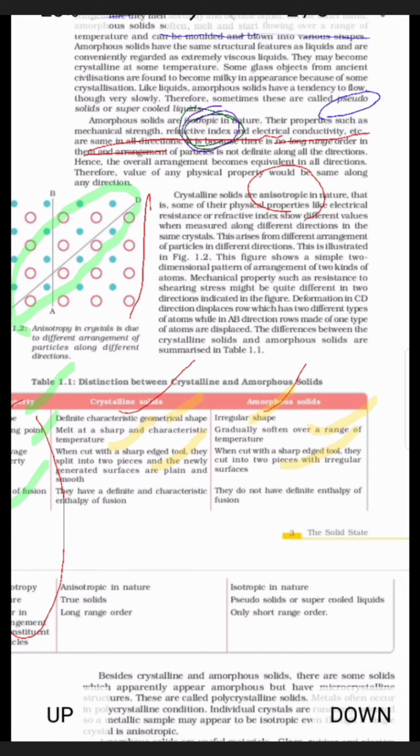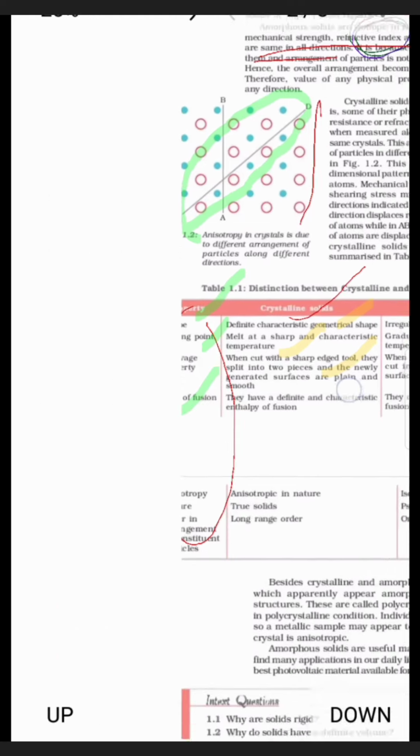We already said that crystalline solids have a sharp melting point. That's why they have a definite enthalpy of fusion. In case of amorphous, they don't have any sharp melting point, so they do not have any definite enthalpy of fusion.